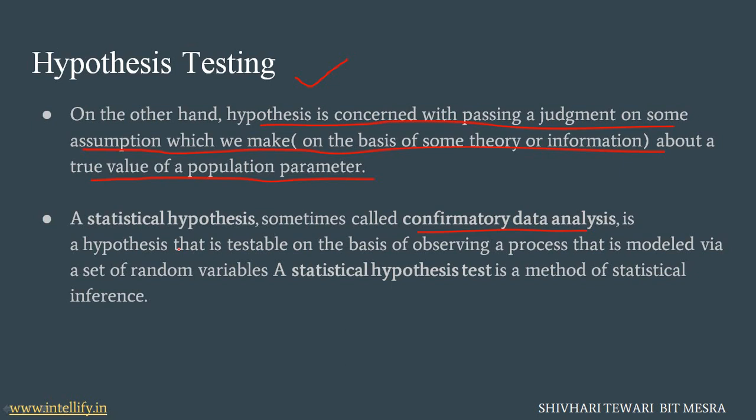I have discussed in our other video that there are two types of statistical hypothesis, the null hypothesis and the alternative hypothesis. The null hypothesis means an initial assumption, something which is going to happen in every case, and the alternative hypothesis says that something will not happen, either it will be less than this or greater than this, compared to the null hypothesis condition. So it is basically a method of statistical inference to test whether our statistical inference is going to be true or not on the basis of a given data set.